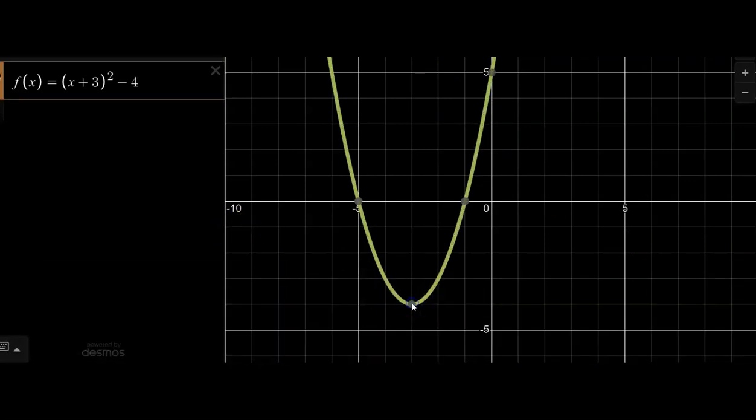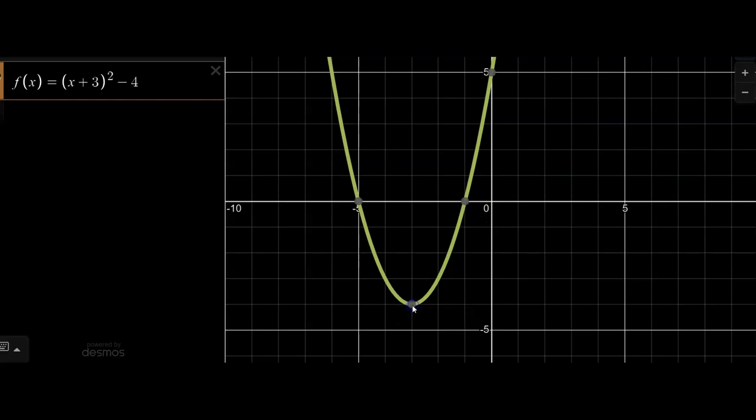So your new vertex is at negative 3, negative 4. The same pattern will apply: over 1, up 1, and over 2, up 4, because 2 squared is 4.